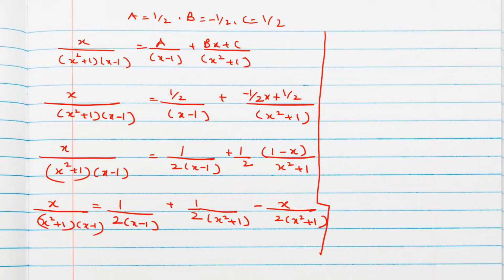So if we take the integral, this will be our question, that is I, and here 1 by 2 we can write outside, dx by x minus 1. Here also 1 by 2 we can take outside, dx by x square plus 1 minus x dx by x square plus 1.